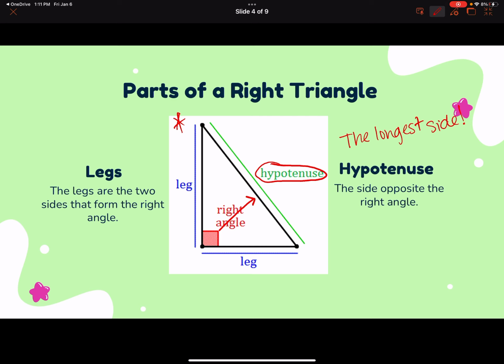Okay, so you do have two vocabulary words on this screen, legs and hypotenuse. So I'm going to pause and let you define both of those words, legs and hypotenuse.